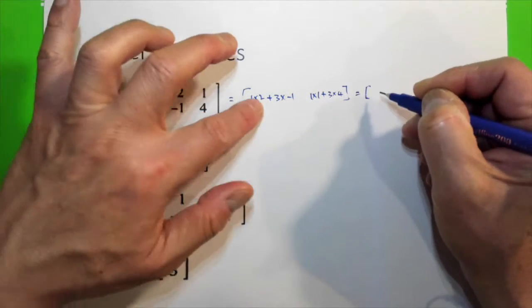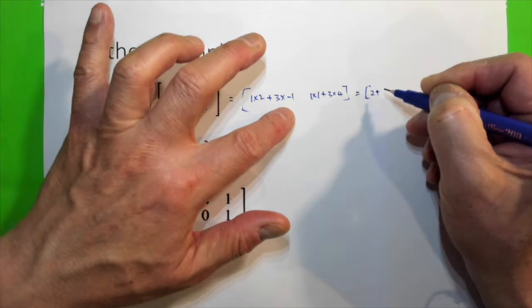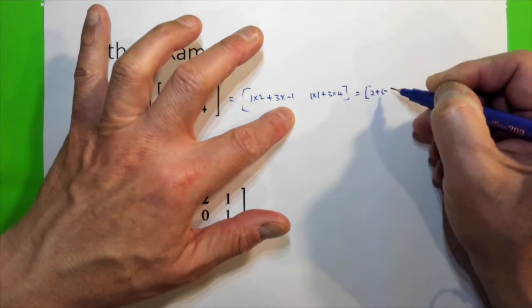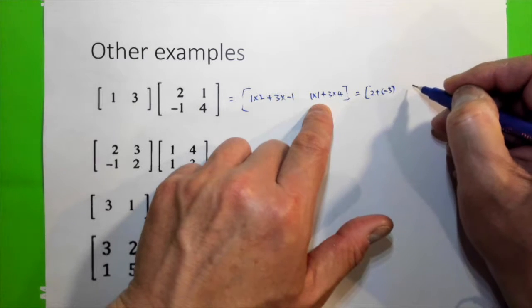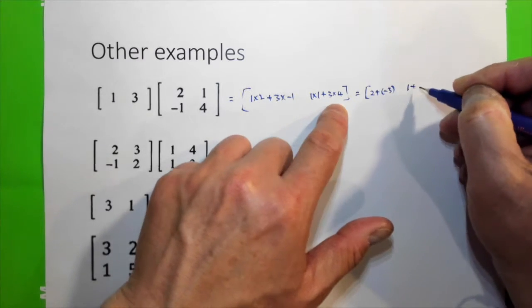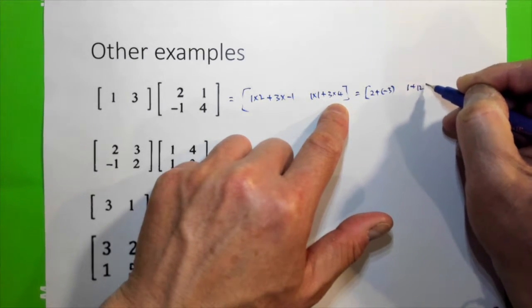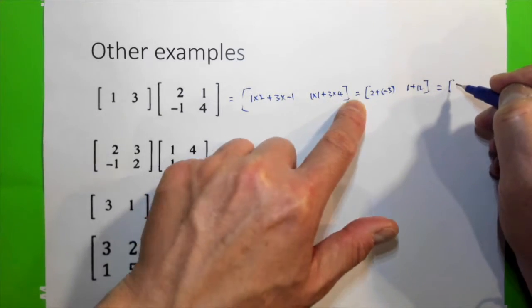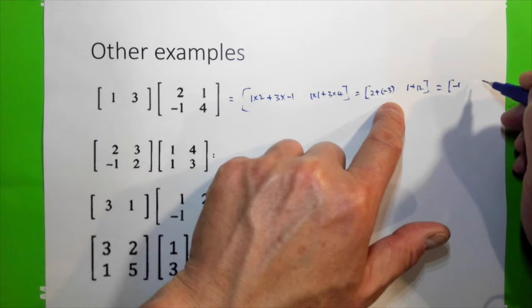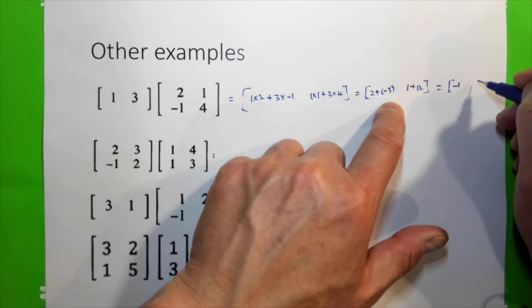Therefore, that is 1 times 2 is 2 plus 3 times minus 1 is minus 3. And 1 times 1 is 1, 3 times 4 is 12. Therefore, the new matrix is minus 1 and 13.